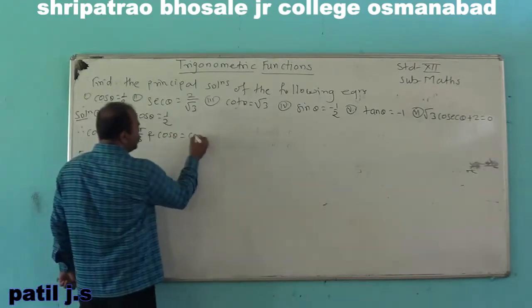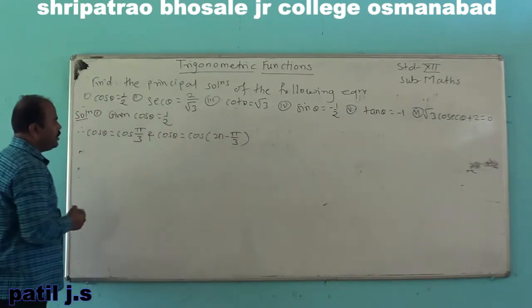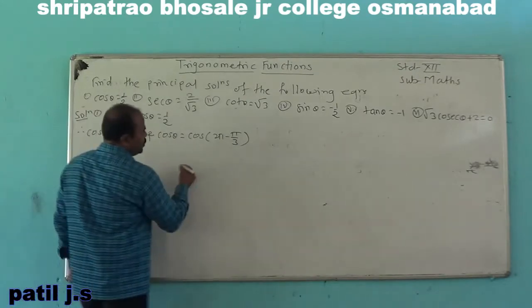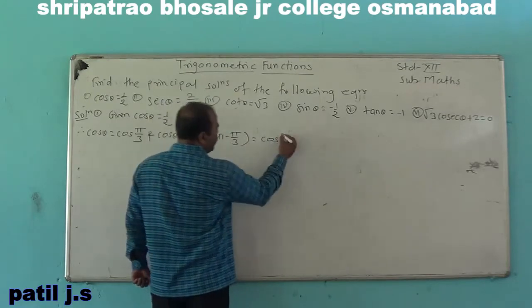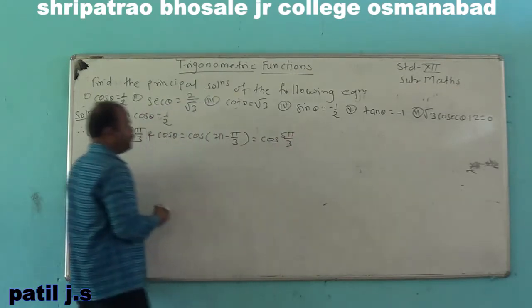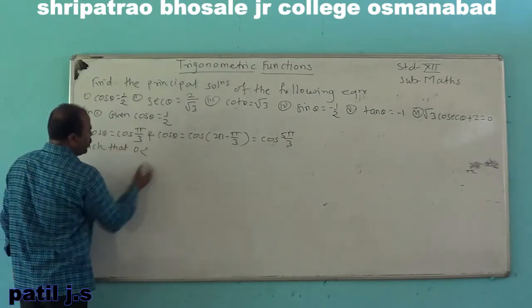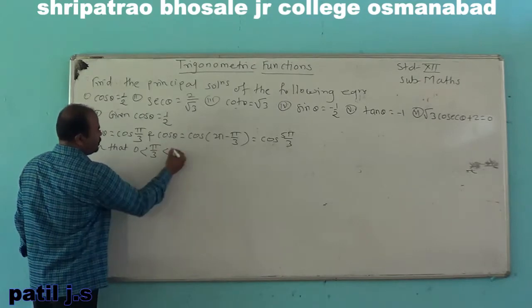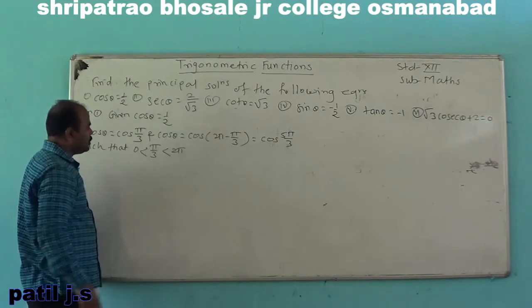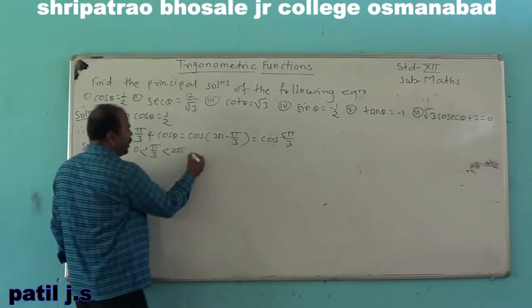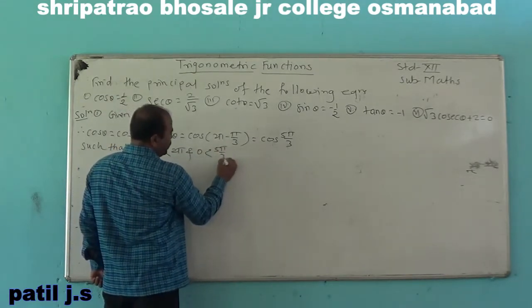That means cos of 2 pi minus pi by 3, this is equal to cos 5 pi by 3, such that 0 less than pi by 3 less than 2 pi, and again 0 less than 5 pi by 3 less than 2 pi.